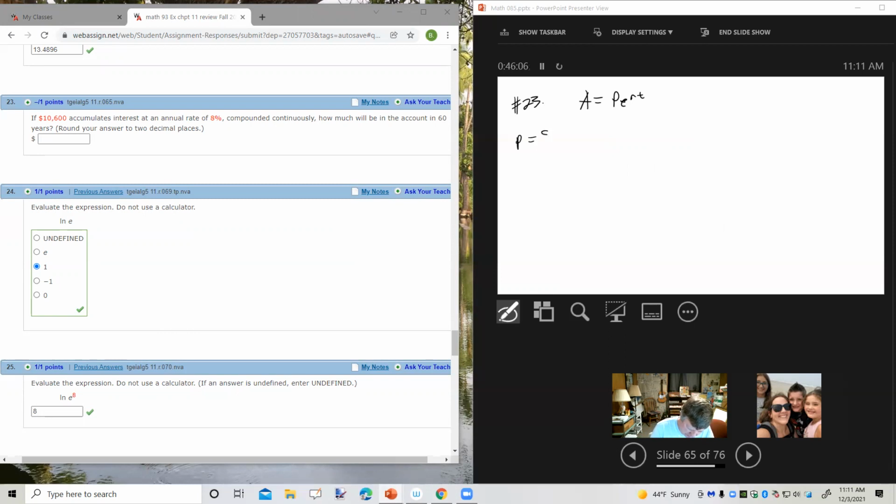So the beginning amount is $10,600. The annual rate of interest is 8% or 0.08. How much will be in the account 60 years later? So A equals 10,600 times e to the 0.08 times 60.